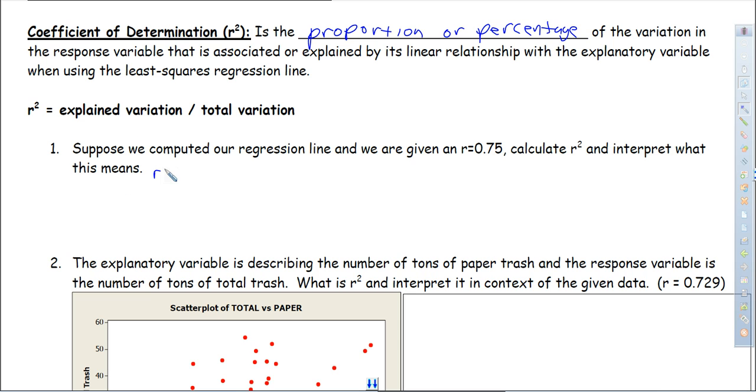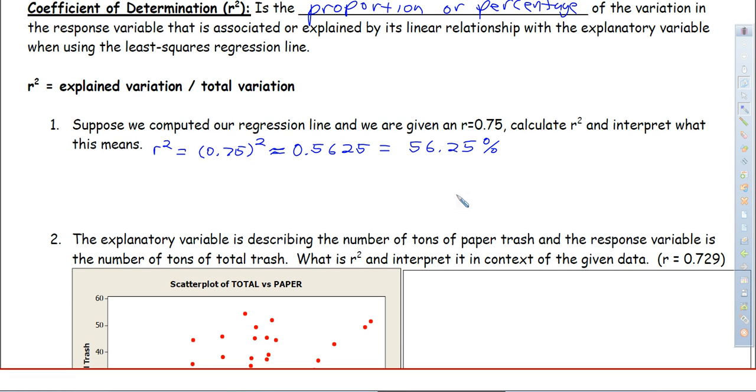So we need to take our R, and we're going to square it. Taking 0.75, we square that value, we should get approximately 0.5625, and let's turn that into a percentage. And what does this tell us?